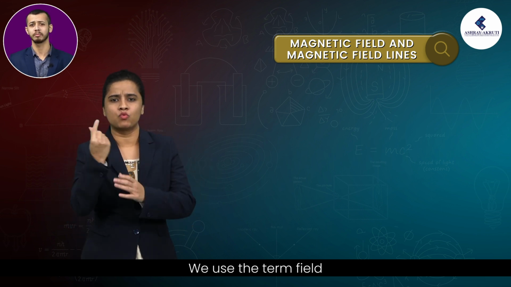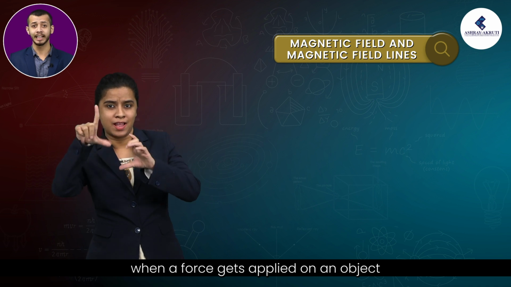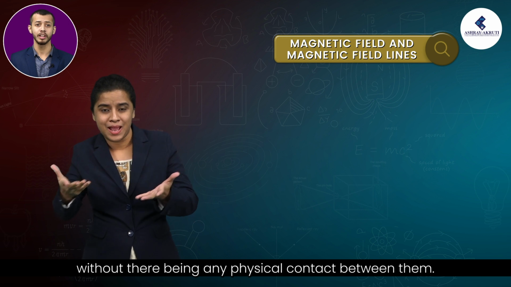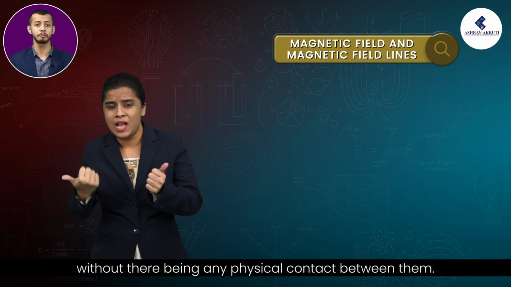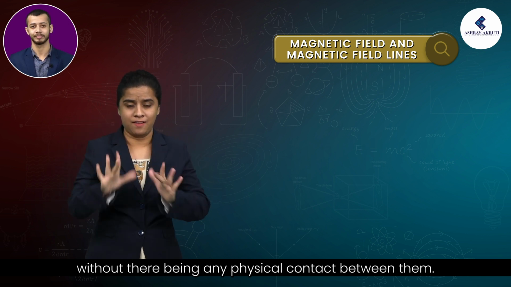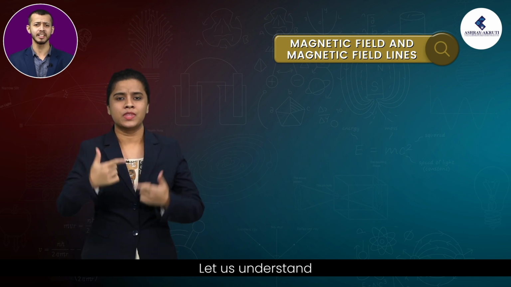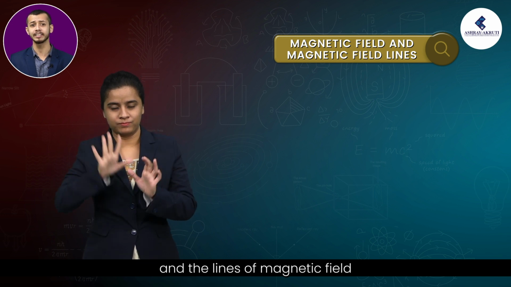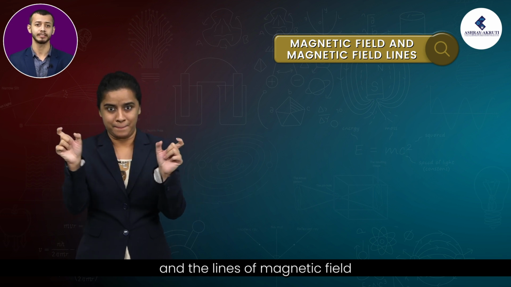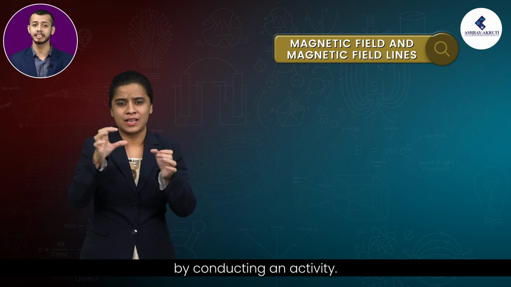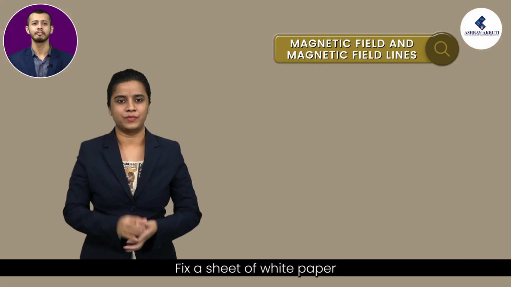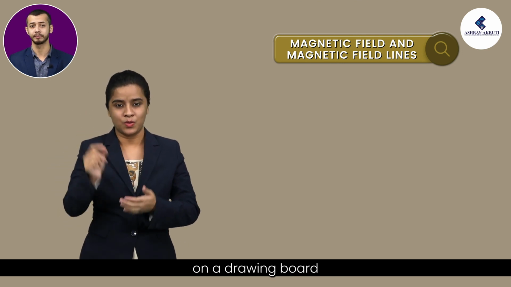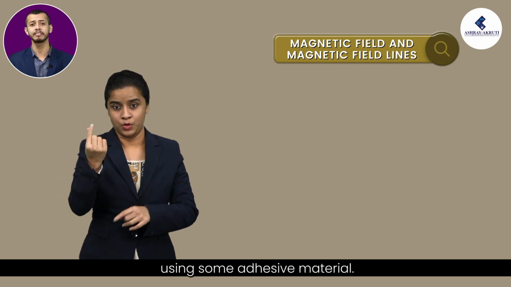We use the term field when a force gets applied on an object by another object without there being any physical contact between them. Let us understand the concept of magnetic field and the lines of magnetic field by conducting an activity. Fix a sheet of white paper on a drawing board using some adhesive material.